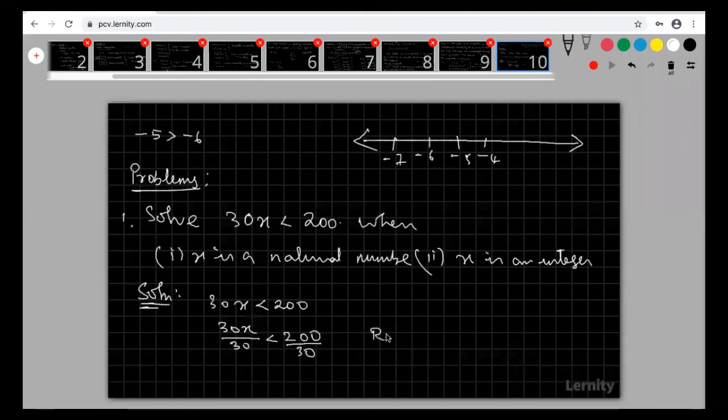Applying rule 2, we can divide or multiply both sides by a positive or negative number; for a negative number you have to reverse the inequality, otherwise for positive numbers you keep it like that. Now 30 and 30 cancel. I get x less than 200 by 30, and cancelling, 20 by 3. Are you clear? x is less than 20 by 3.